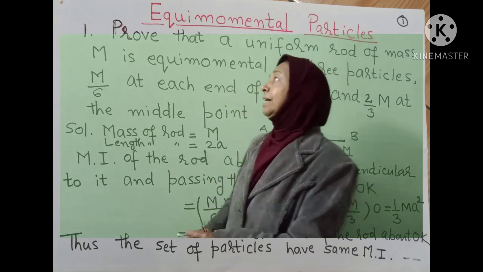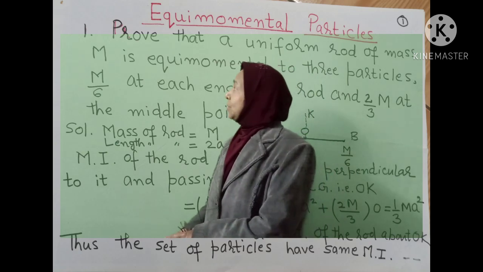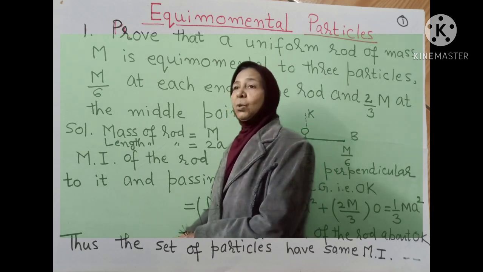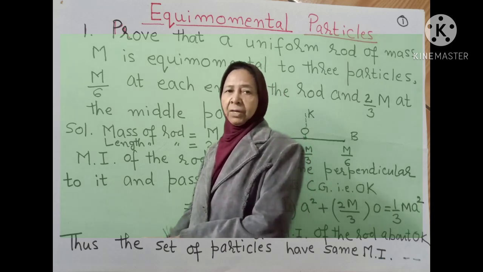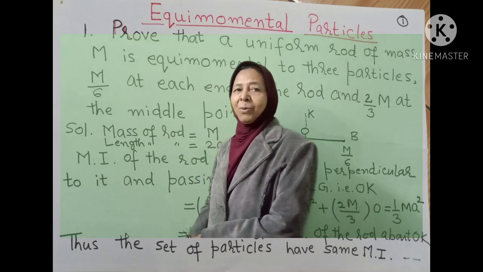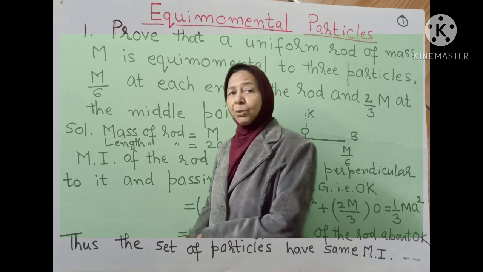Now let us begin it. The procedure is very simple. You have to find the moment of inertia of the rod about a line passing through its center and perpendicular to it. You know what is that?